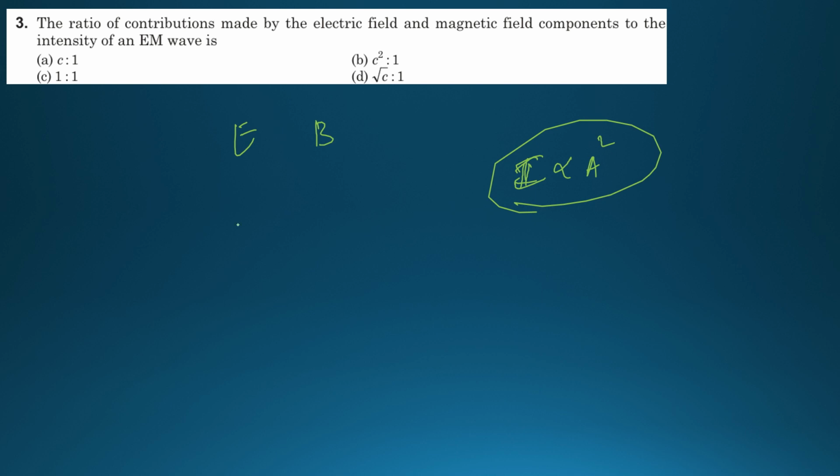So the intensity of an electromagnetic wave will be proportional to amplitude square. The intensity from the electric field is proportional to the amplitude of the electric field squared. The intensity from the magnetic field is proportional to the amplitude of the magnetic field squared.